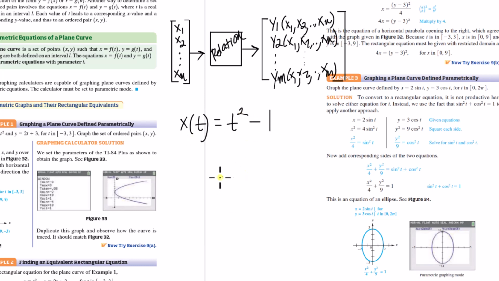In this case, t is the input and x is the output. Well, this you can technically consider a parametric equation. This is a single parametric equation. But in that case, what is this? Because in that sense, I could say, all right, well, look, here's a parametric equation.